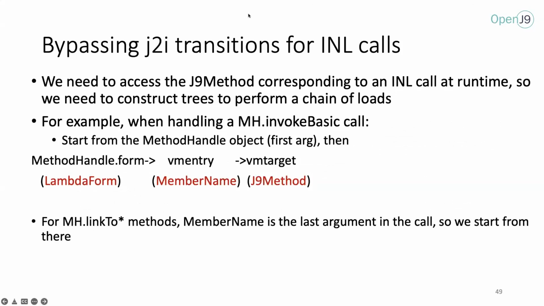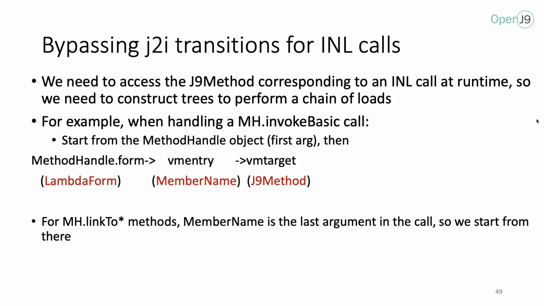For all of these, we need to access the J9Method corresponding to an INL call at runtime. So we need to construct trees to perform a chain of loads in order to get to the J9Method. For handling an invokeBasic call, we start from the MethodHandle object, which is the first argument of an invokeBasic call.